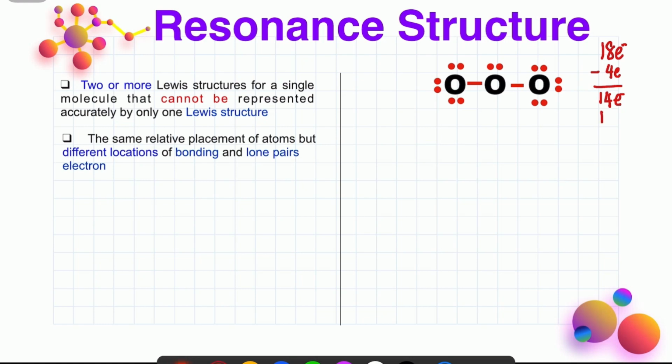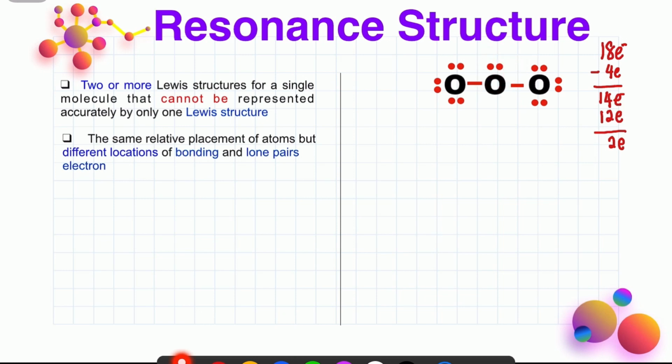So minus 12 electrons for the lone pairs on the surrounding atoms, and the balance is 2 electrons. These 2 electrons you put as a lone pair on the center atom, just like this.